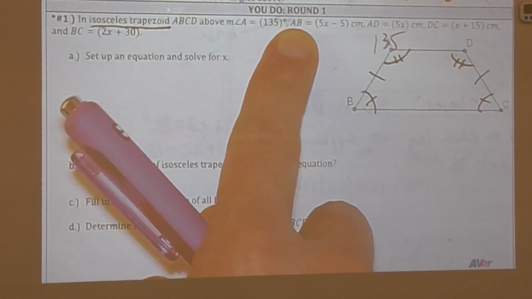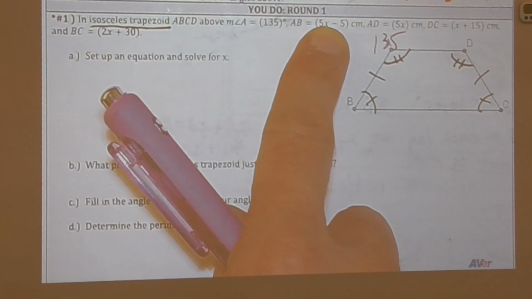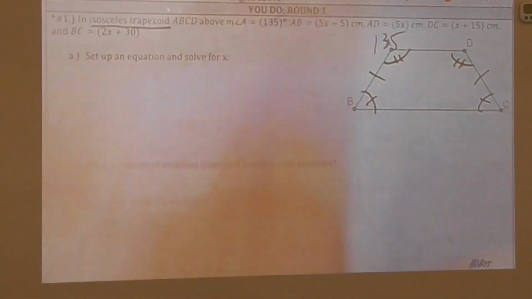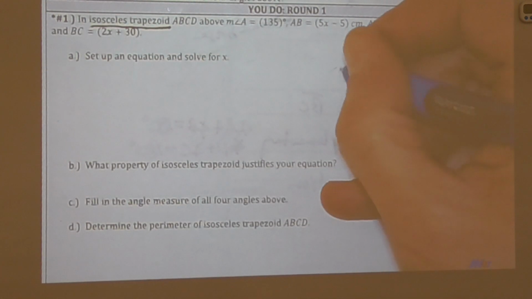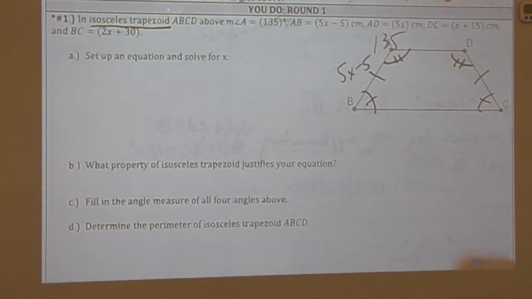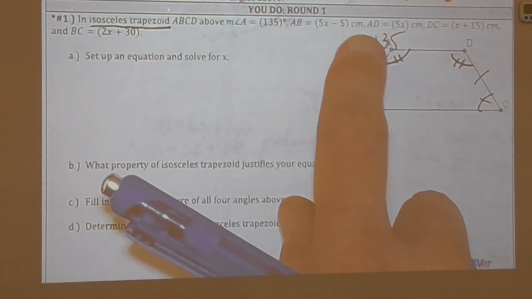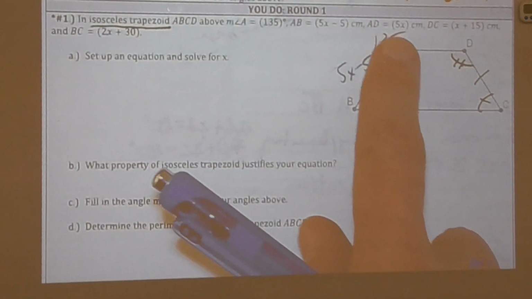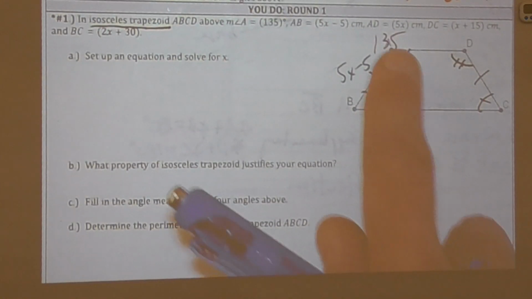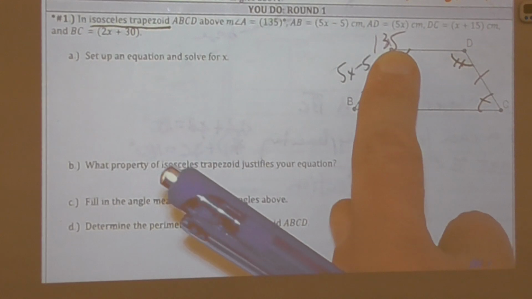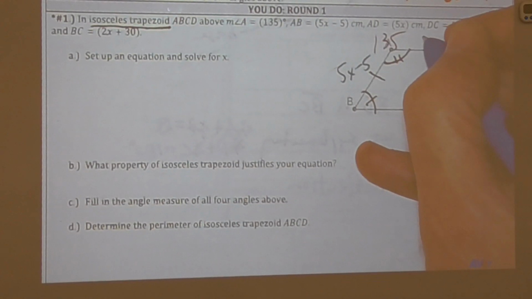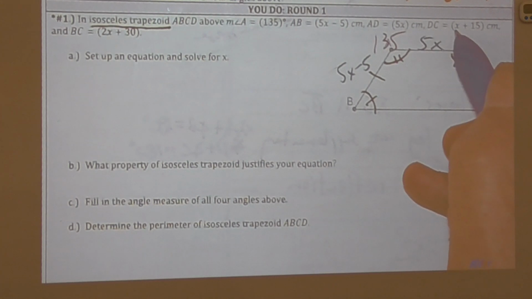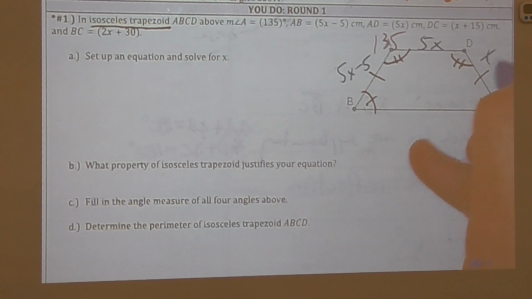AB is a length of 5x minus 5. I'm going to write that in a different color. AD is here, 5x, and then DC, x plus 15.